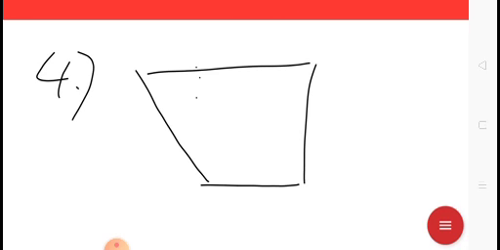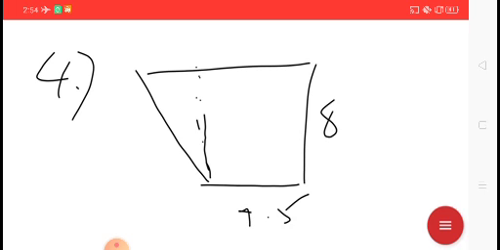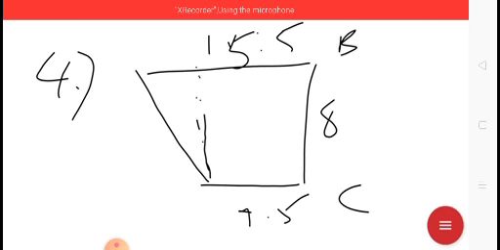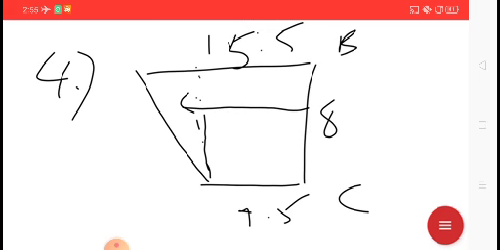Okay, so this is 8, this is 9.5, this is 15.5, so BC is here. Okay, so the question is asking you find the center of mass from BC. How much?